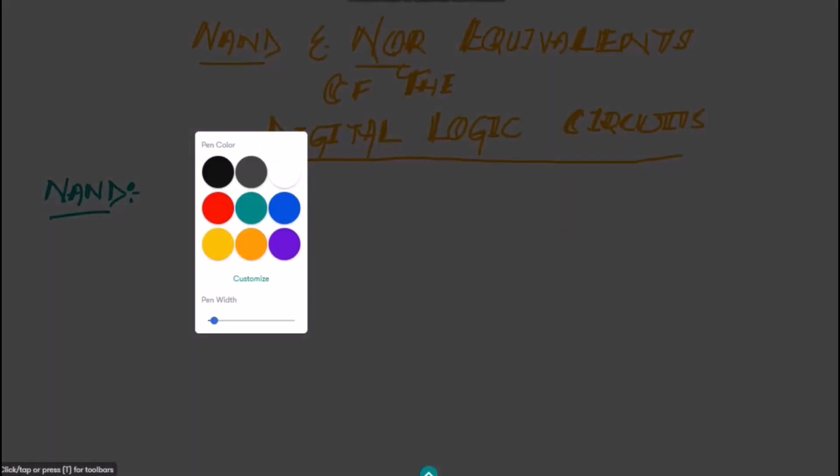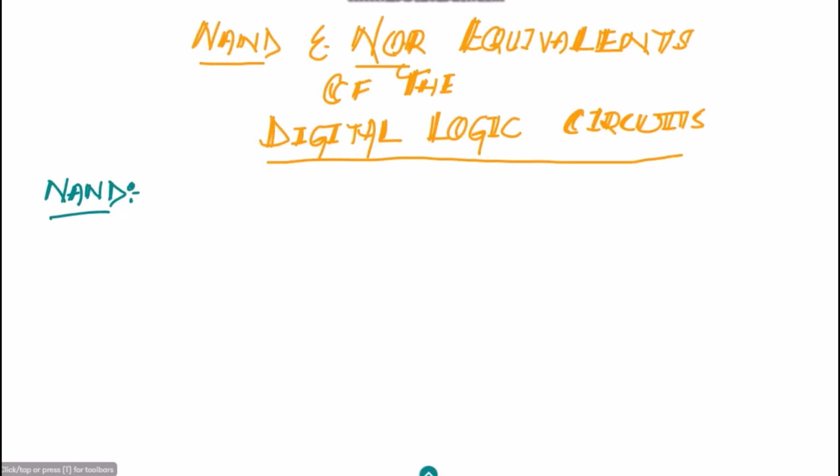Okay, so the first gate here, let me see that if I have a NAND gate, it is basically represented by the symbol which is here, and we are going to discuss a NAND gate which has two inputs.